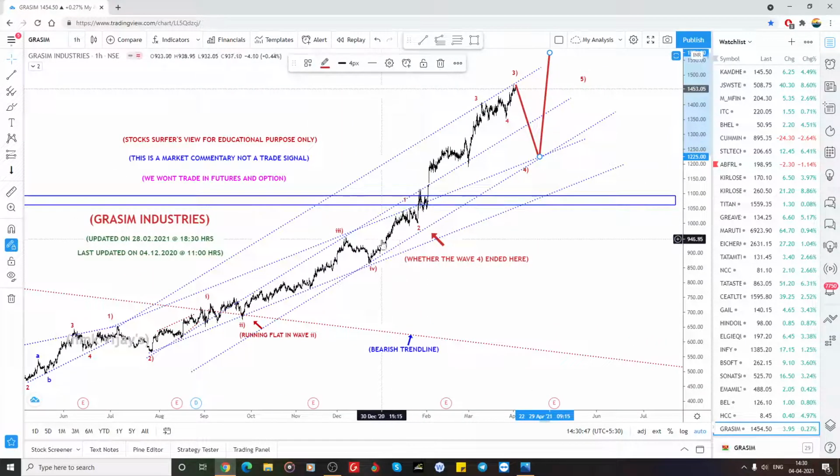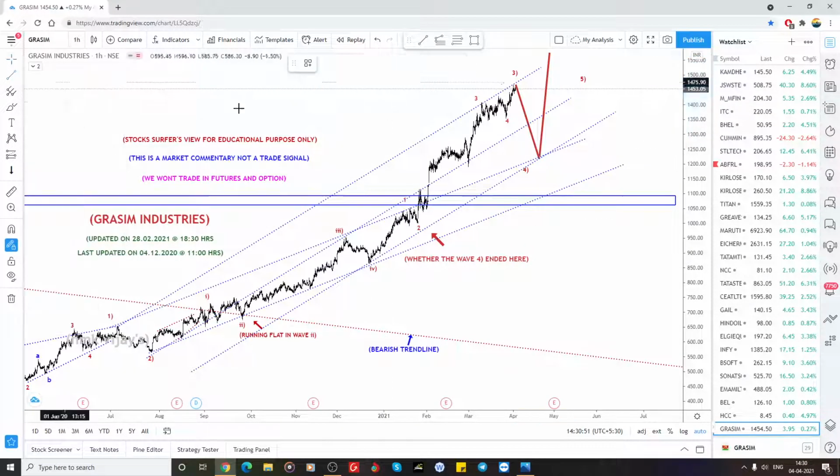The only change is that the third wave has extended. Previously I made this a 1 2 3 4 5, but it's extended, so this is an intermediate wave 1 2 3 4 and 5.